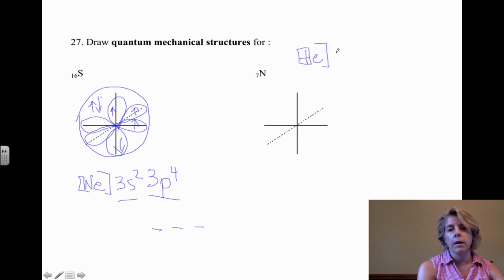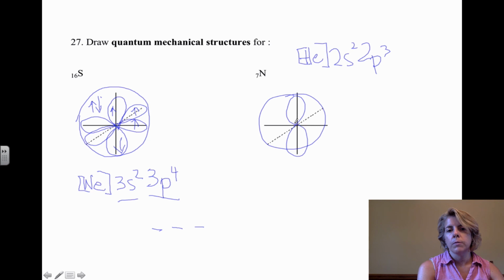Now for neon, the noble gas before it is helium, and then its electron configuration is 2s2, 2p3. So I'm not going to draw the electron structure for that. I'm just going to do 2s and 2p. So once again, I'm going to draw the s orbital, and then I'm going to draw the p orbital.